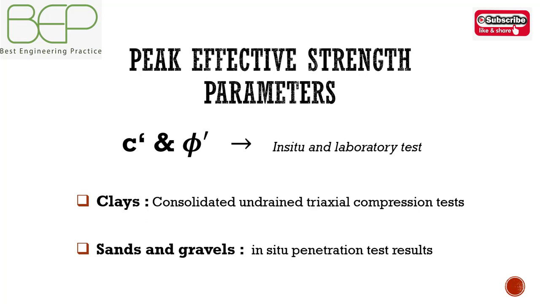For sands and gravels, the effective strength parameters are required for the in-situ soil, but it is not possible to obtain undisturbed samples. Generally, although the failure envelope for the soil may be curved, effective cohesion is assumed to be zero. The peak effective angle of friction is determined from correlation with the in-situ penetration test results.